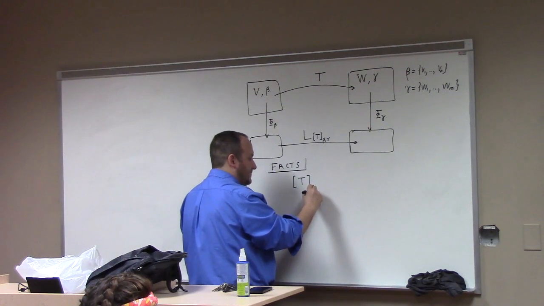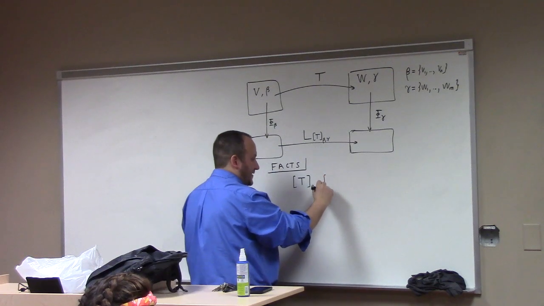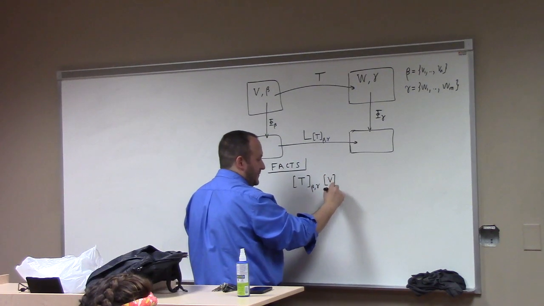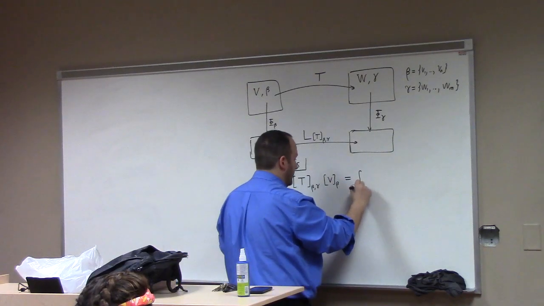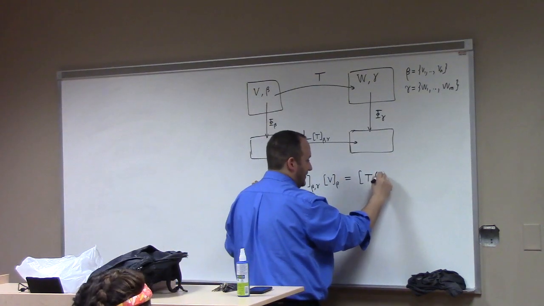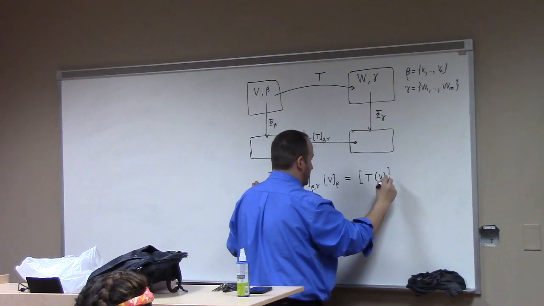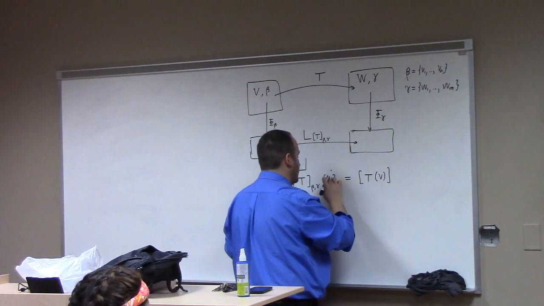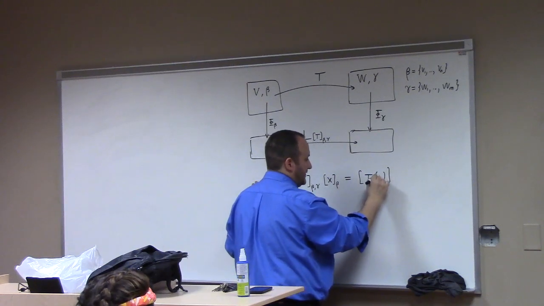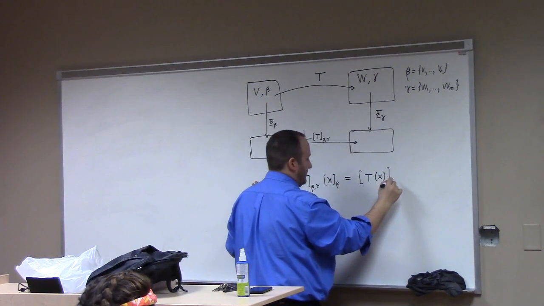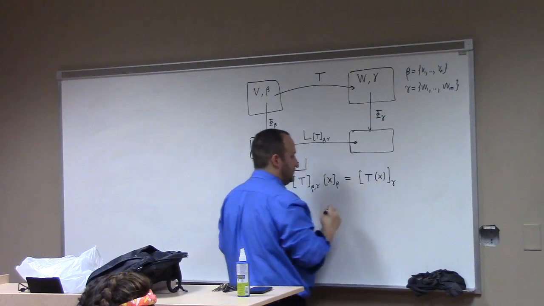So first of all, T beta gamma times the coordinate vector of V with respect to the beta basis is equal to the coordinate vector of T of V with respect to, and instead of using V, let me use an X here if you don't mind, I'm going to use an X, with respect to the gamma basis.